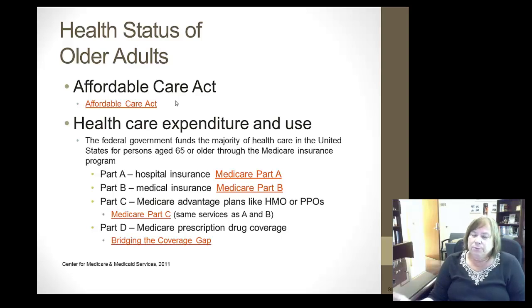So the Affordable Care Act, I have included it on this slide because, has anybody ever heard of the donut hole? The donut hole has to do with the prescription drug coverage for older adults.